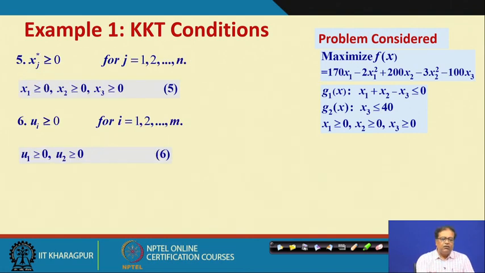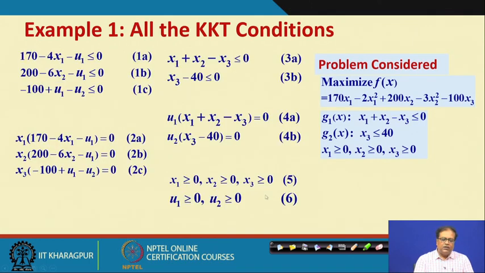The fifth and sixth constraints are very straightforward: the variables x1, x2, x3 and the multipliers u1 and u2 should all be greater than or equal to zero. So, that is all our KKT conditions. All the KKT conditions are put here. Once again, these are from partial derivatives.